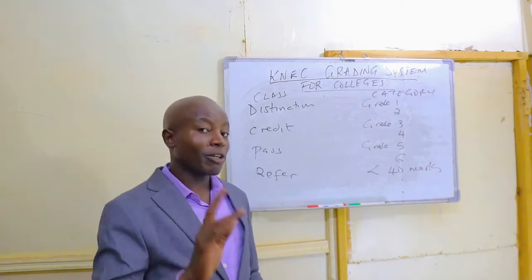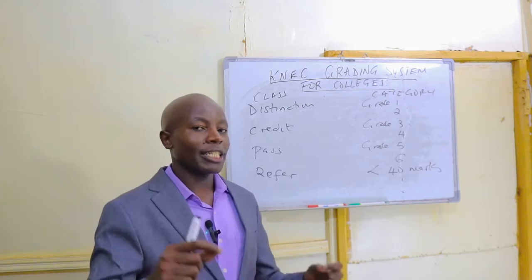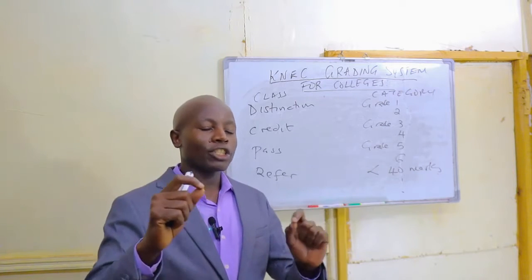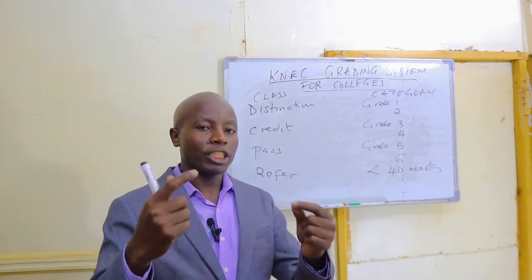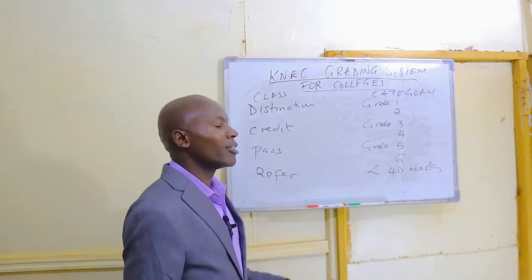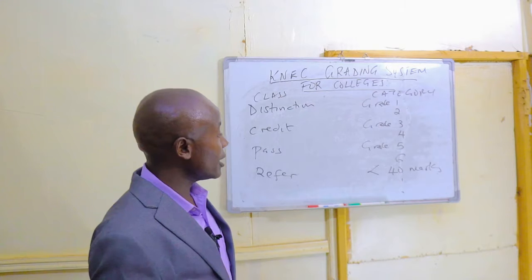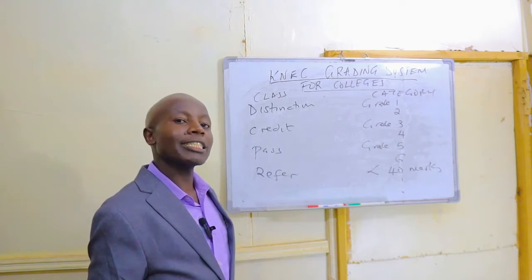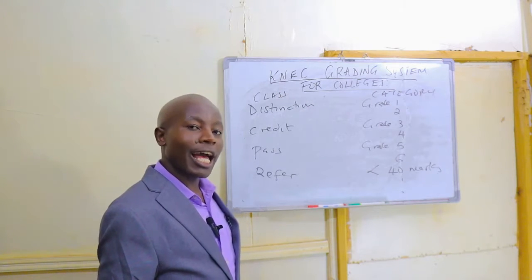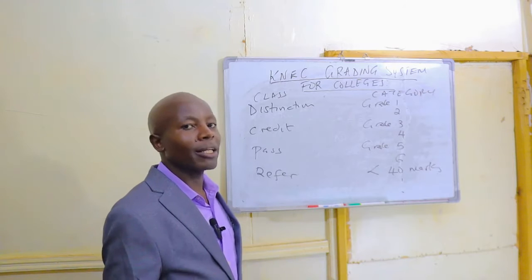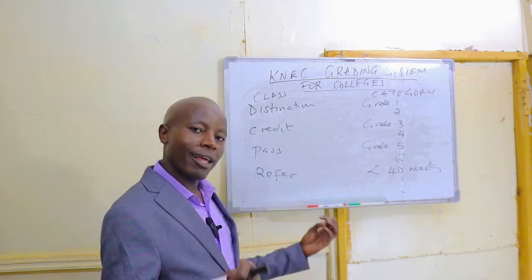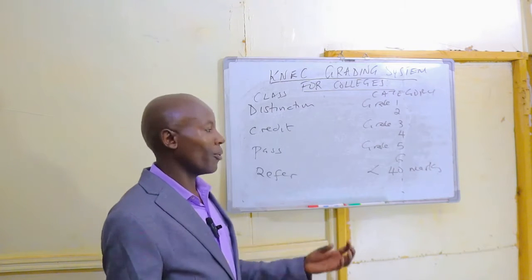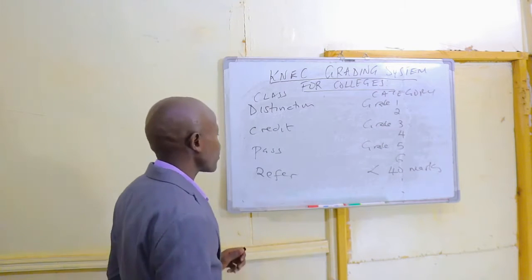So the theory, the practical bit, of course, and the continuous assessment test. Sometimes it also includes the project if you have reached the point of doing the project in a semester. So if you score less than 40 in any particular subject, in any particular unit, in module 1, module 2, module 3, level 5, level 4, level 6, wherever, that's a refer.